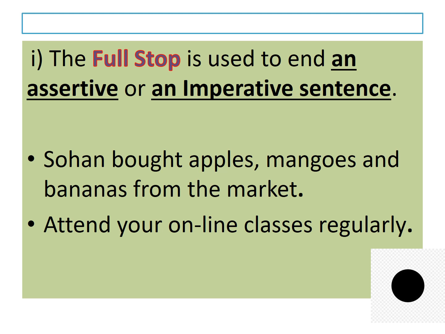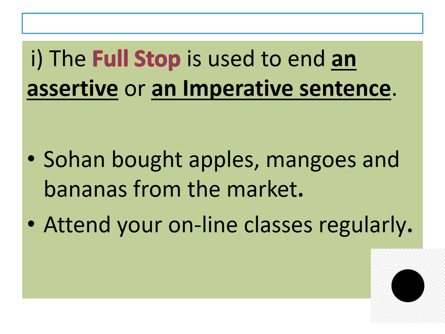See the first example on the screen. Sohan bought apples, mangoes and bananas from the market. This is an assertive sentence and this assertive sentence ends with a mark that is called full stop.